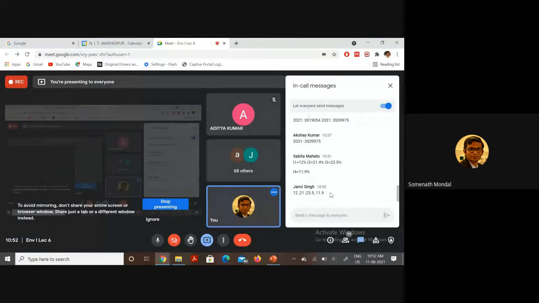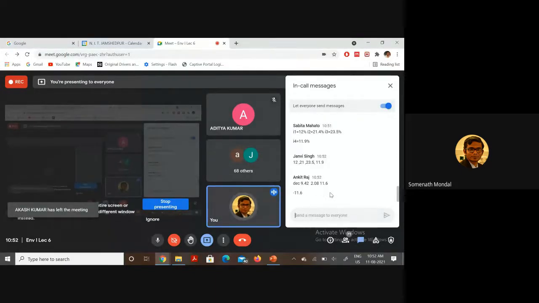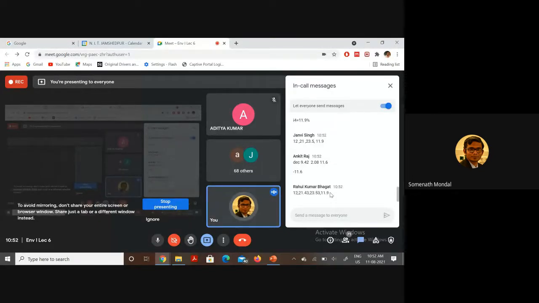Yes, correct, Janvi Singh. Yes, Ankit, now here the catch is decrease, that is not correct. Since it is increasing, 9.42 and 2.08 or 2.1, these two will be negative. And 11.9, as it is decreasing, will be positive. Hope you have understood.